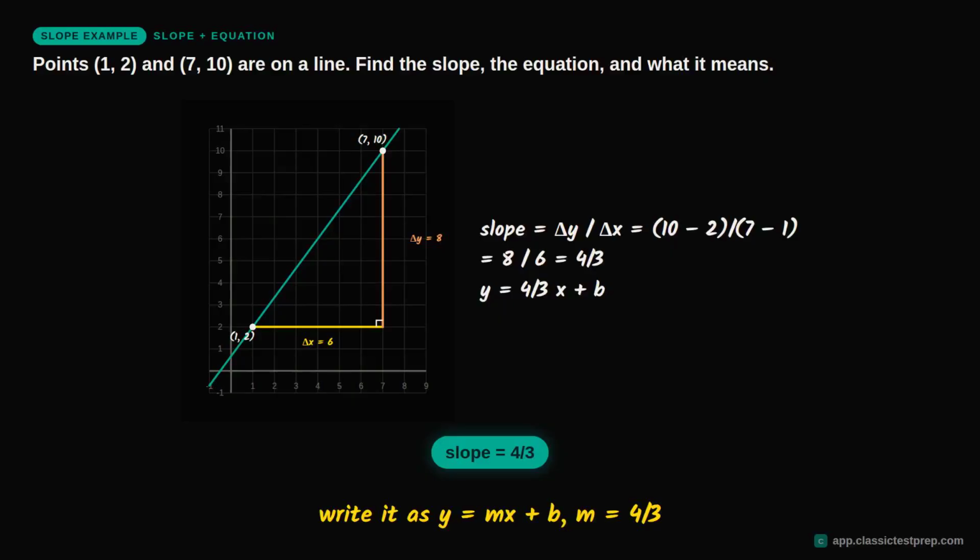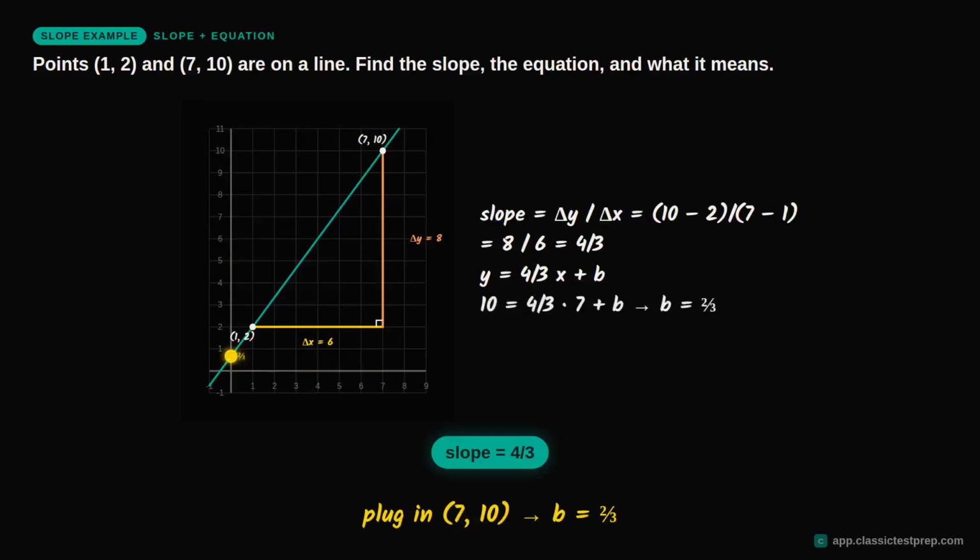And again, what does this equation really mean? Well, it means that for every increase in the value of x by 1 unit, so every time I move 1 unit to the right, I should expect my line to increase its height 4/3 of a unit.